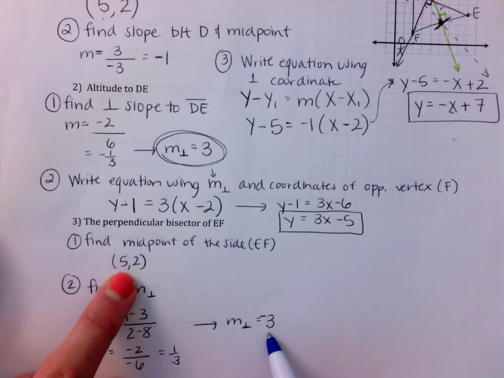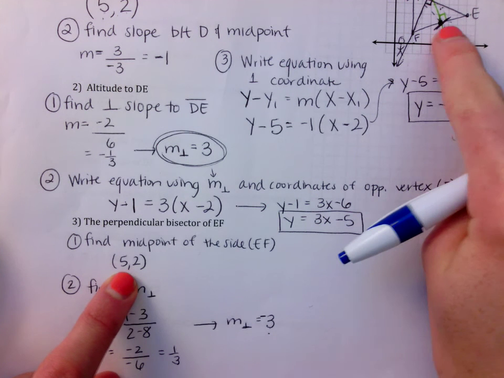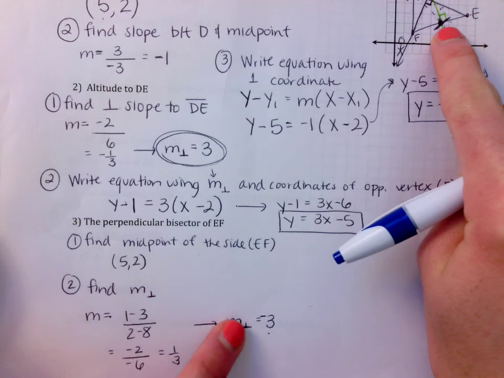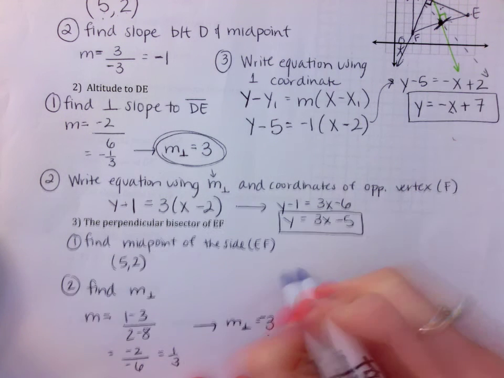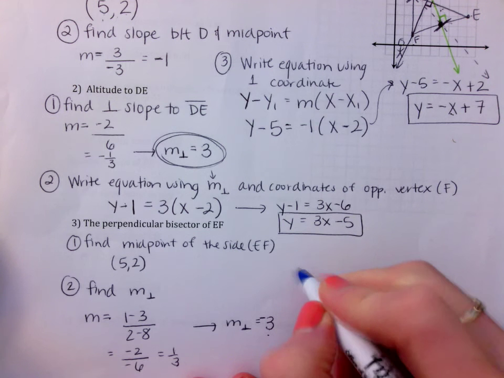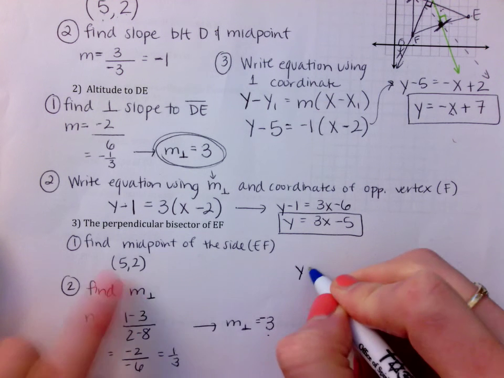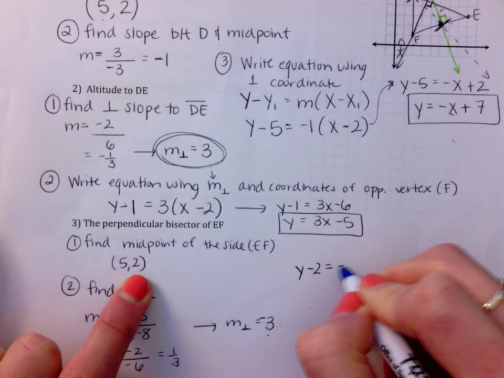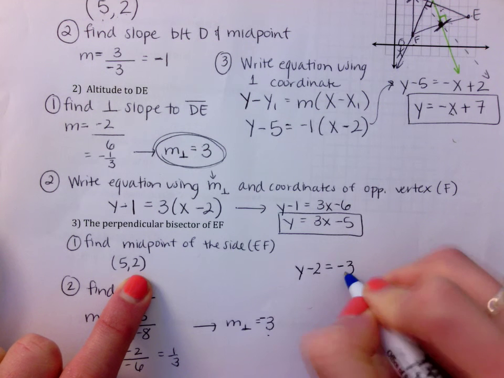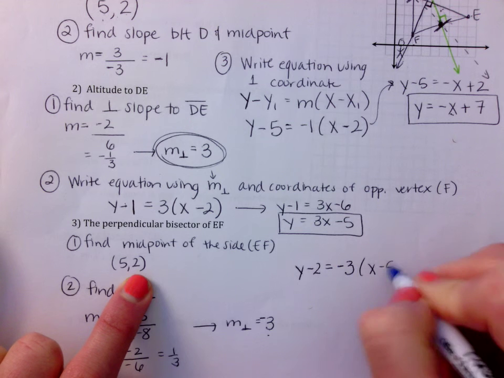Now I have the midpoint, the point it's passing through up here, and I also have my slope. Point and slope means we should put it in point slope form. Over and over again, you're going to use point slope form. So I'll do y minus 2 equals the slope I just found for my perpendicular bisector, negative 3, times x minus 5.